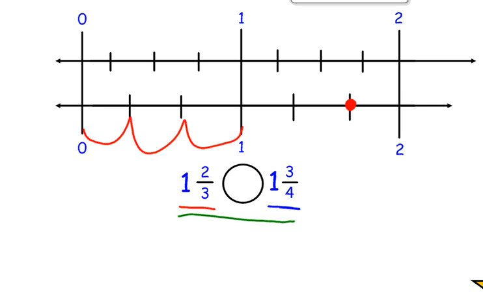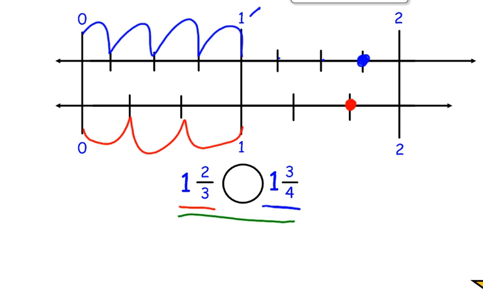Then our second number, 1 3/4, is going to be represented on the top number line: 1, 2, 3, 4 spaces. We start at the 1 and go 3 hash marks, 1, 2, 3. And that point is right there. This is where they're represented.